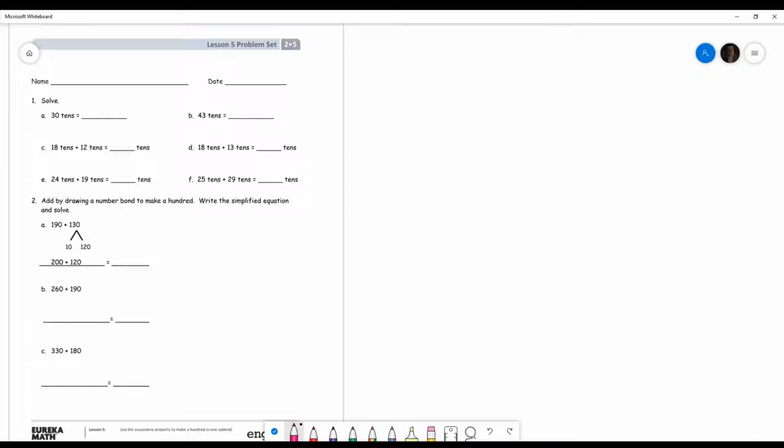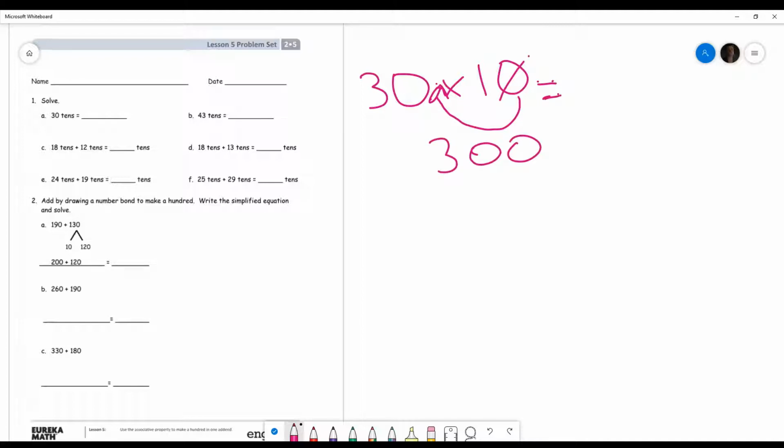So one way you could do this is 30 times 10. Now remember, any number, when you multiply it by 10, you're just adding the 0 right here. So that would make your number 300. So that's how you would do A and B.